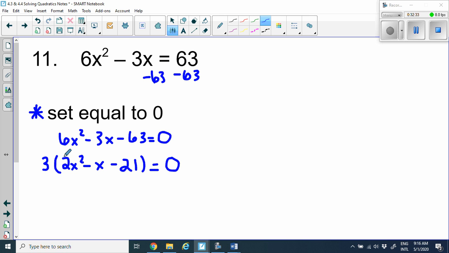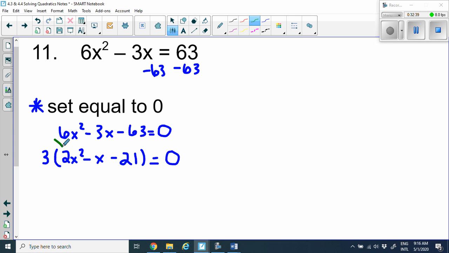Now notice that my a value is not equal to 1, so I need to find the numbers that multiply to it. So I have 1 and 2. Those are really the only numbers that multiply to 2. For 21, I have 1 and 21, and 3 and 7.